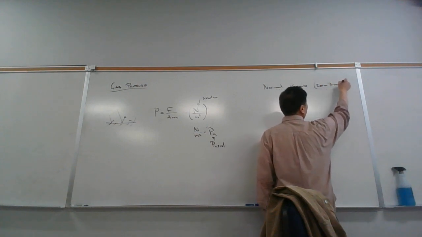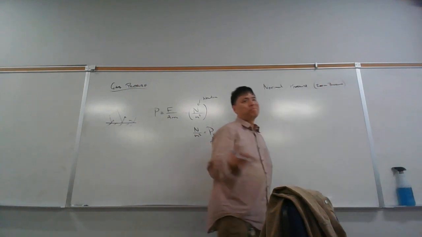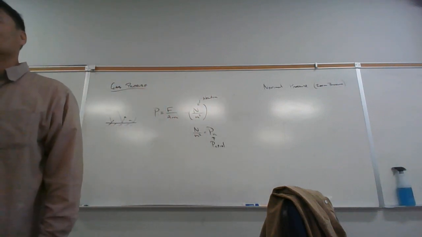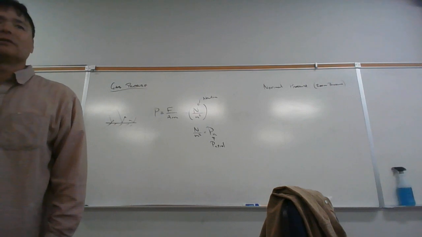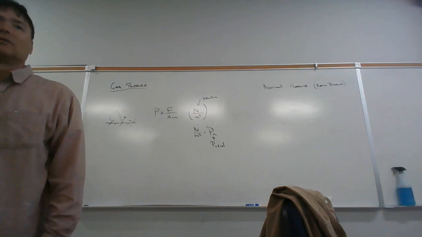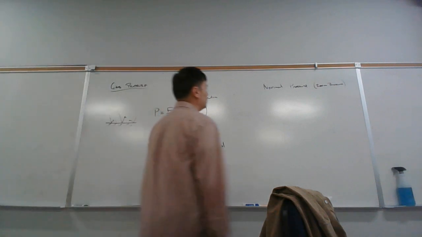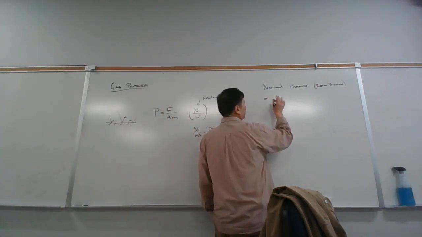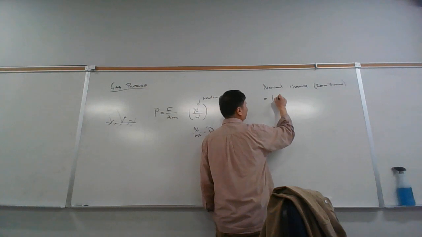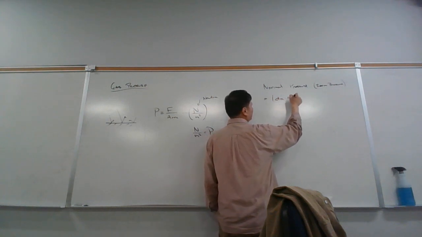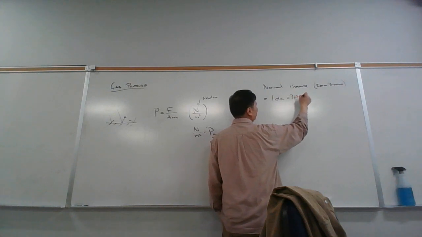What is the normal room pressure in this room? You know what normal atmospheric pressure is? 1 ATM. 760 torr. Yeah, so normal pressure is 1 ATM, which is equal to 760 torr.